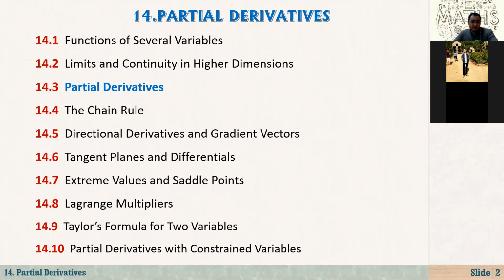Also last class, we talked about limits and continuity in higher dimensions: how to calculate the limit of a function of two variables, and how to prove that the limit of a function does not exist. For this, we had to show at least two different paths along which the value of the function approaches two different values, which means the function does not have a limit at that point.